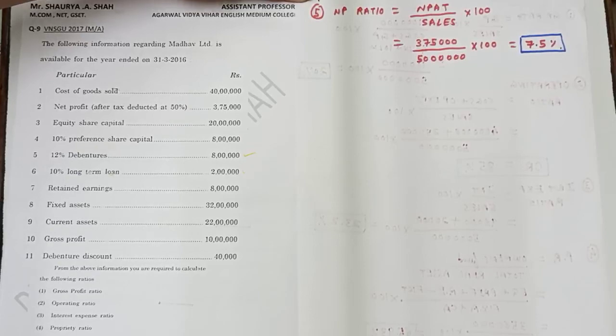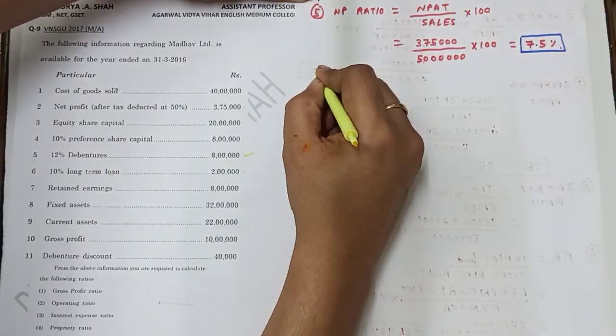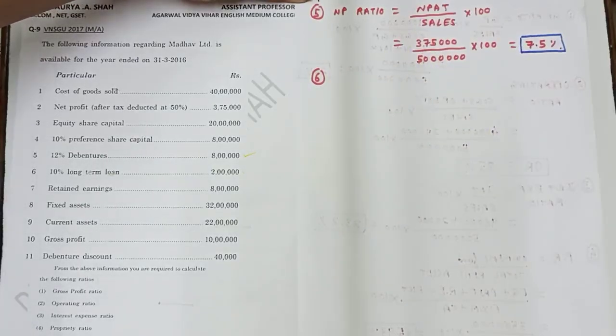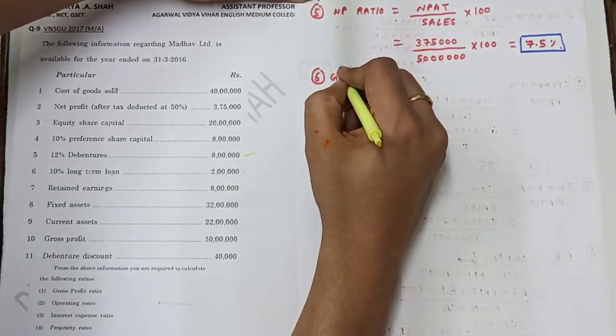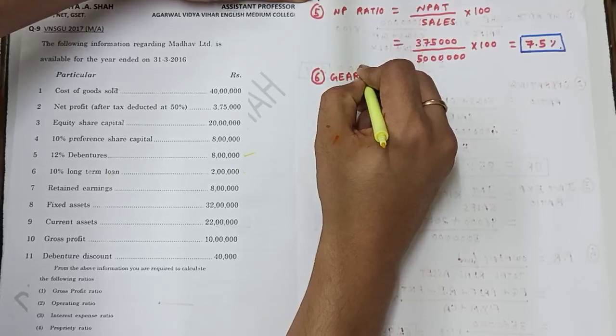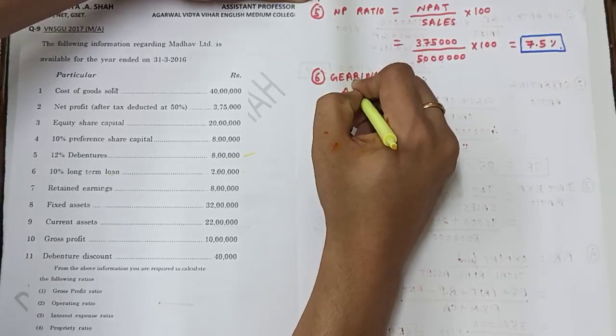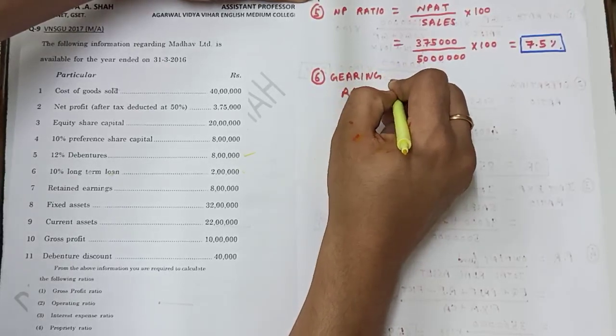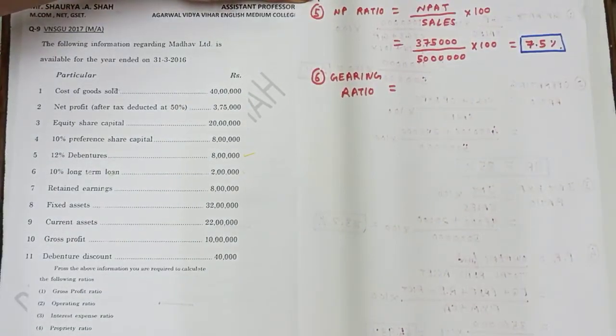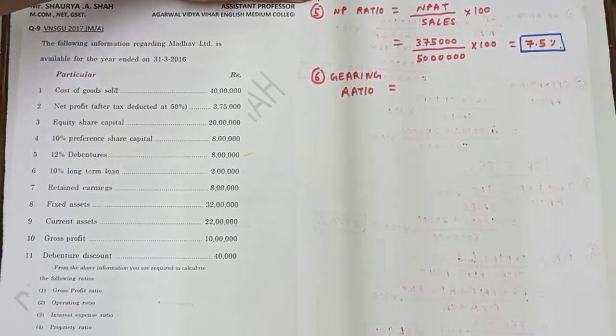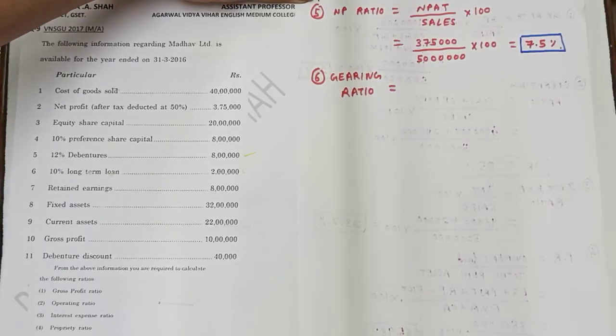Fine. It was an easy ratio, students. Now what has been asked next is your gearing ratio. Again, a very important ratio from your examination point of view. Every time it is asked, gearing ratio. What do you mean by gearing ratio, students? You must be knowing the formula. It is your fixed interest bearing securities divided by equity capital, right?